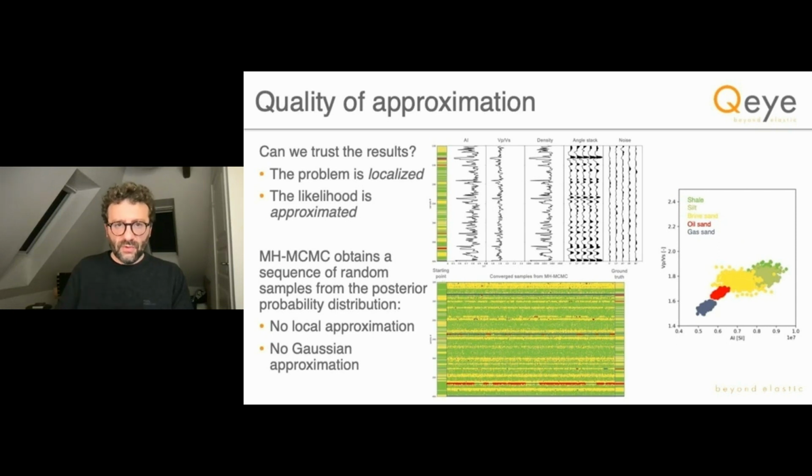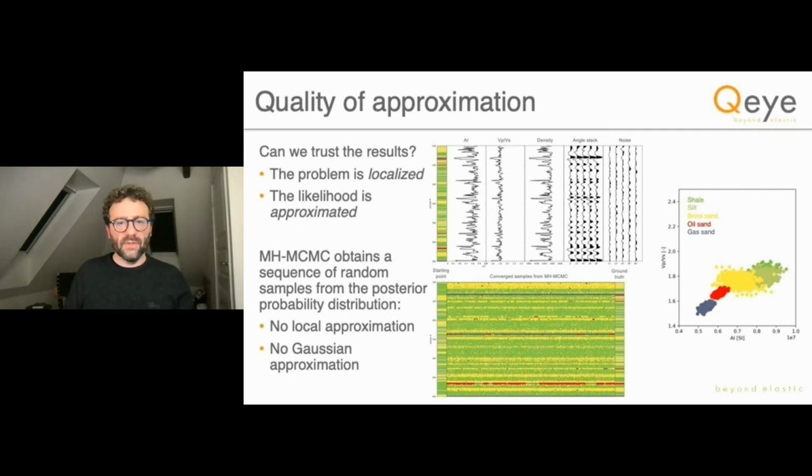So as we saw, we do a lot of approximations here. We are localizing and we are also approximating. But we saw that there was a method that should give us the truth, so to speak, the true posterior probability distribution with no such approximations or local assumptions.